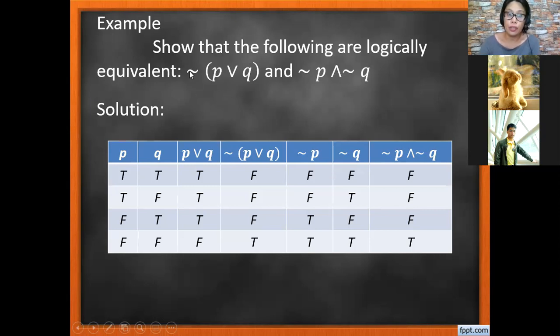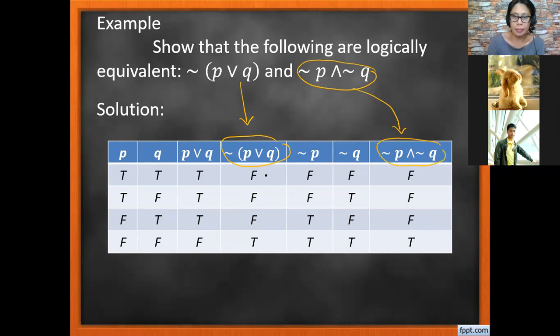So we have negation of quantity P or Q and negation of P and negation of Q. So this one, which is this, and this one, which is this.